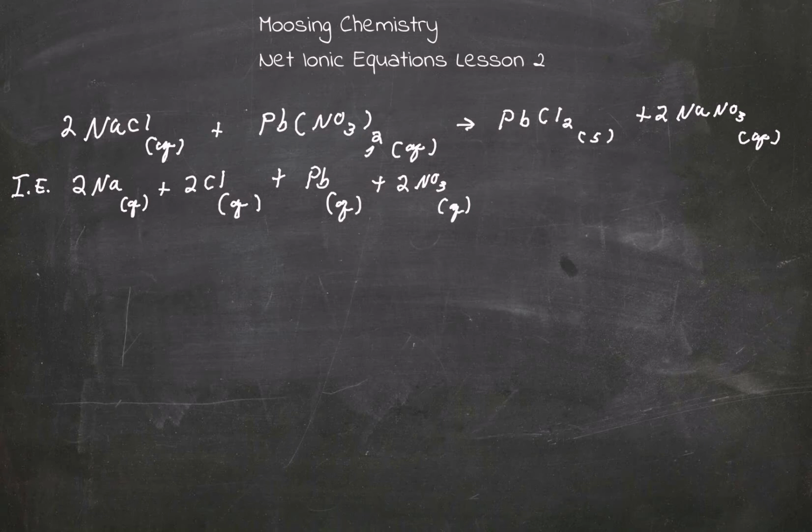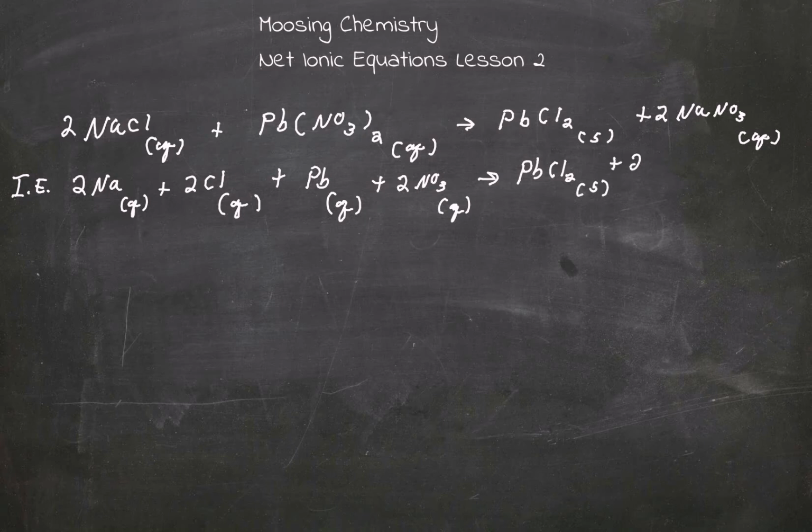Notice I took this number here and put it in front, okay? Please look at that. It's important. All right, yields PbCl2. You can't break apart solids. They're solids, so we leave that alone.